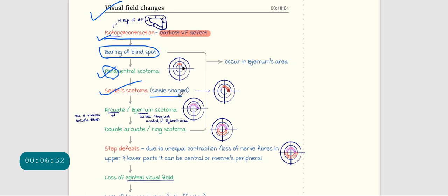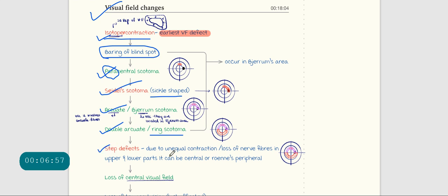Okay, or it could be an arcuate Bjerrum scotoma. Okay, it could be an arcuate shaped Bjerrum scotoma, or it could be a double arcuate ring scotoma. Okay, on both sides it is forming a ring, and this leads to step defect.